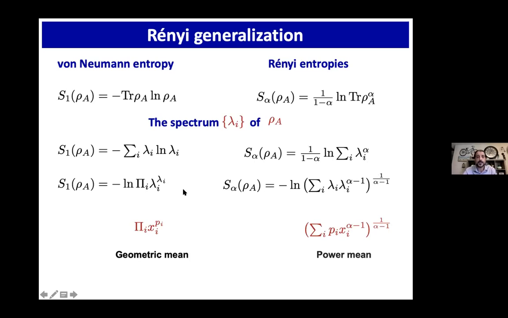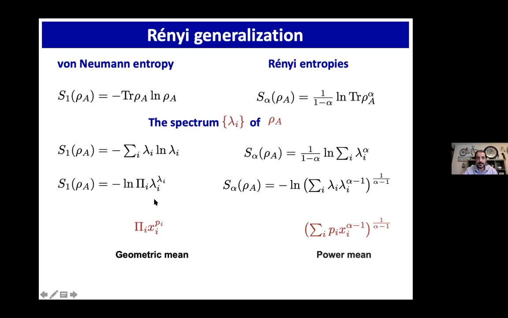But looking at that structure, one sees that what's inside here looks like a geometric mean. If we think of lambda i as a probability distribution over some positive entries, then this takes the structure of a geometric mean, while the Rényi entropy, what's inside the negative log, takes the structure of a power mean.